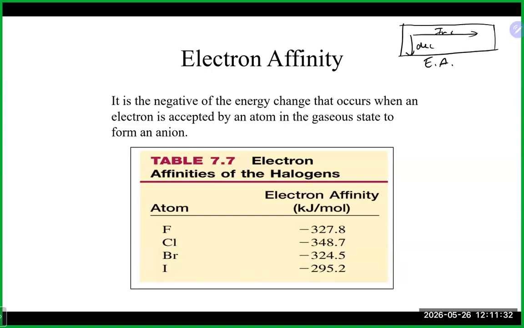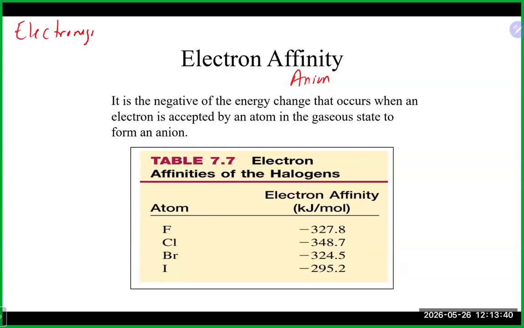Electron affinity is not a perfect trend, so you can see here. Electron affinity is typically associated with anion formation, right? Because if you're able to gain electrons, you're going to become negatively charged, and that's pretty much your definition of an anion. Electron affinity should also not be confused with everybody's other favorite E guy, electronegativity, right?